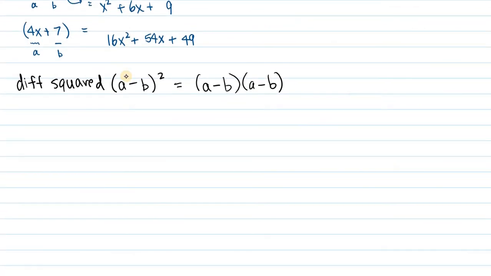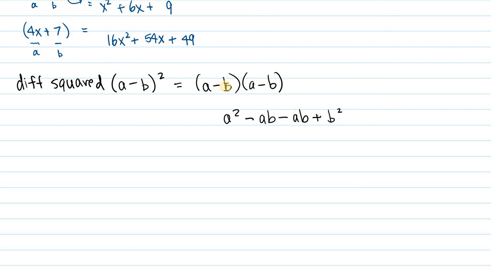When I FOIL them, I'm going to have a squared, but now I'm going to have a minus ab, another minus ab, and then plus b squared, because when I multiply a times negative b, I get negative ab. When I multiply negative b times a, I get negative ab.